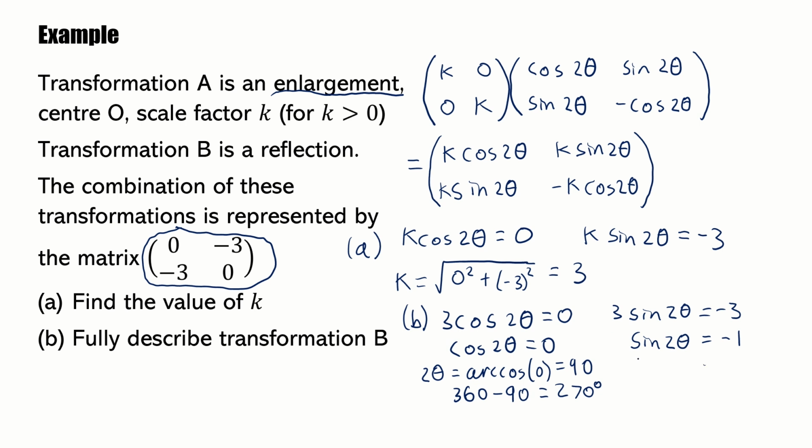So I've already divided both sides by 3, and now to get a value for 2 theta I could do arc sine of minus 1, which would be minus 90, which is a bit annoying, but ultimately you could get a second solution by either doing 180 minus 90, which would get you, interestingly, 270 degrees.